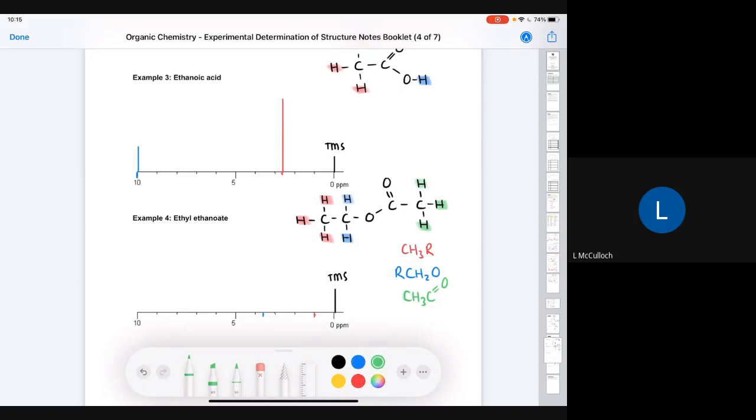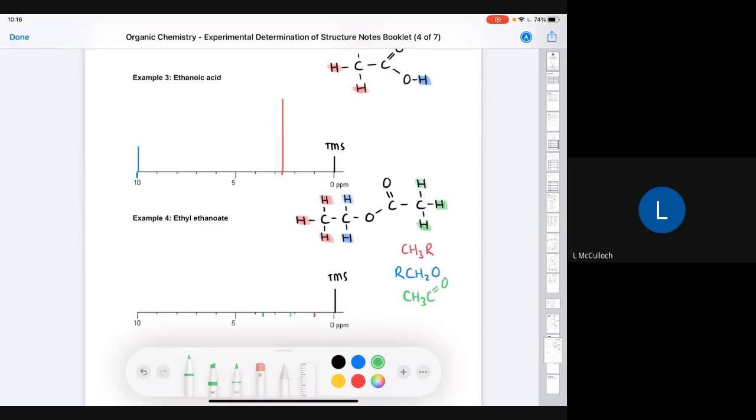And then finally, I've got the green hydrogens. So that's a CH3 to a C double bond O, which you will see as the 3rd entry in that table, and that's between 2.0 and 2.7. Which I'll pop there.